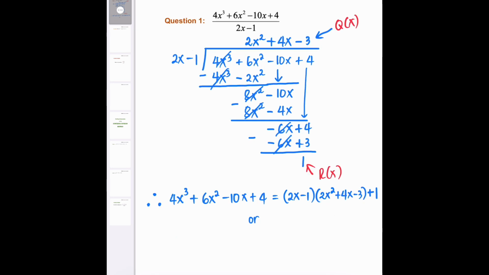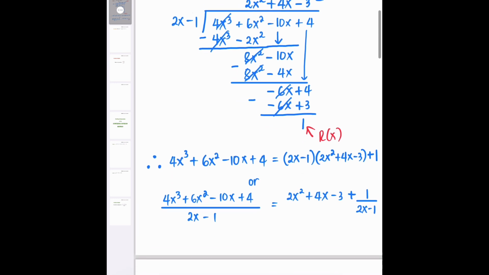So you have 4x cubed plus 6x squared minus 10x plus 4 divided by the divisor, 2x minus 1, will be equal to q of x, which is 2x squared plus 4x minus 3 plus the remainder, which is 1 over 2x minus 1. All right, let's move to the second example.